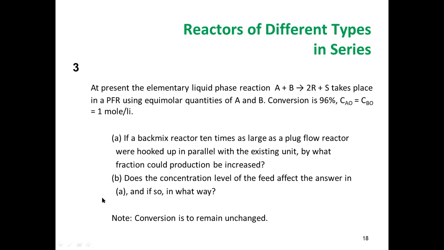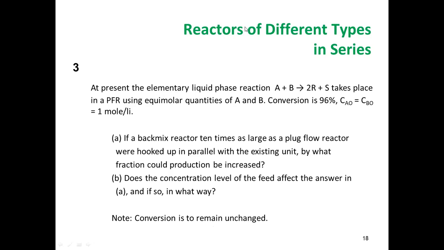So the question letter B has this continuation: even though we already hooked up a backmix reactor 10 times the volume or size of the original plug flow reactor to it, will the concentration level of the feed to these two parallel linked reactors affect the answer in A? But conversion is to remain unchanged. So that is what is meant by letter B. So we will proceed with the solution of the problem.